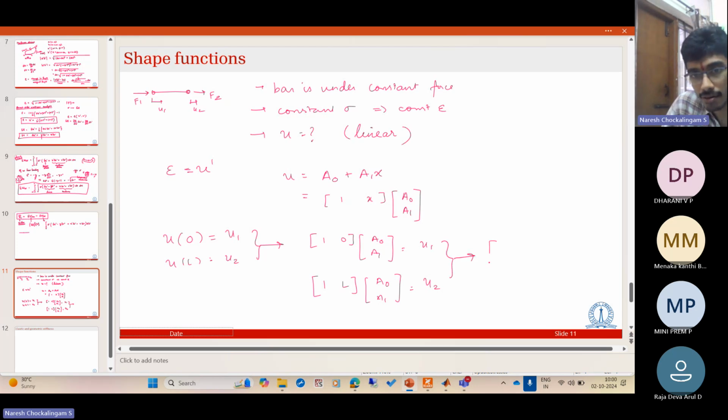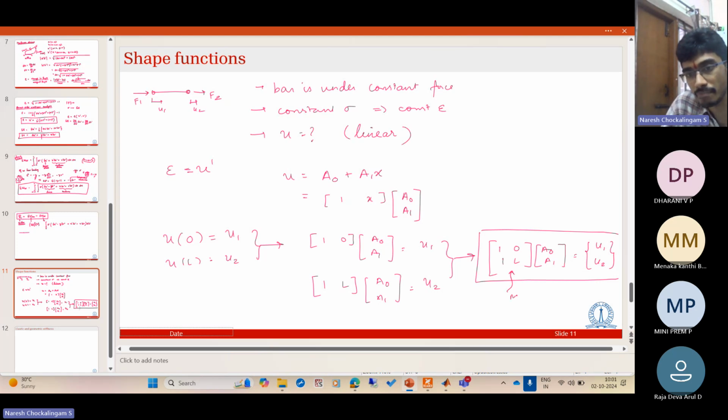Now collect these two equations together. So you get 1 0, 1 L times a0 a1 is equal to u1 u2. Right. So we get one equation for the variables a0 and a1.